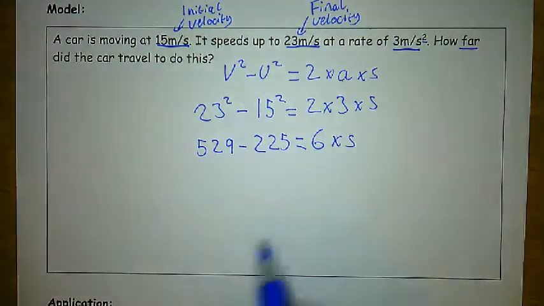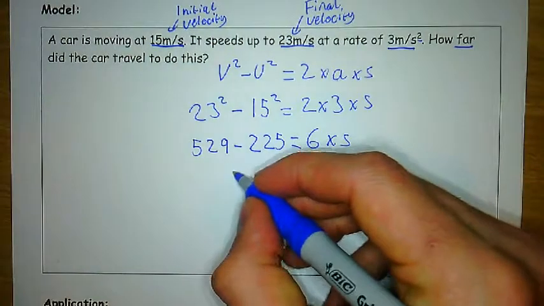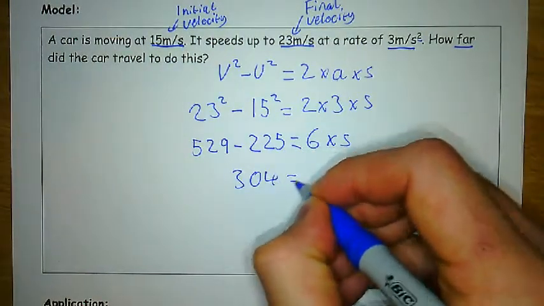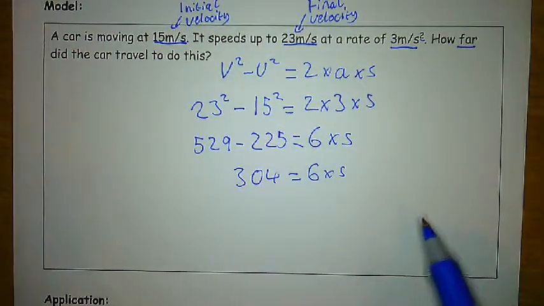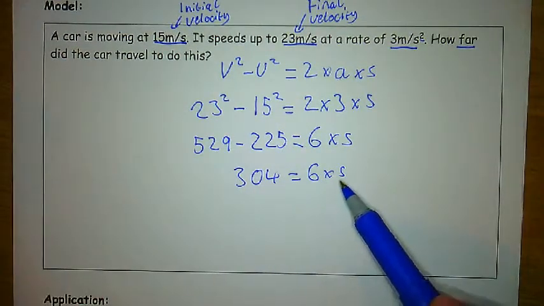Right, so again, thinking what can I do? I can do 529 take away 225, gives me 304, equals 6 times s. Now we've got that down now to a simple three-part equation.